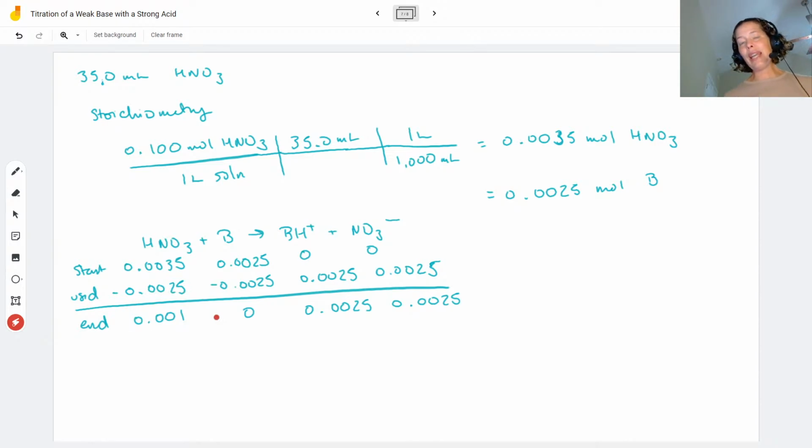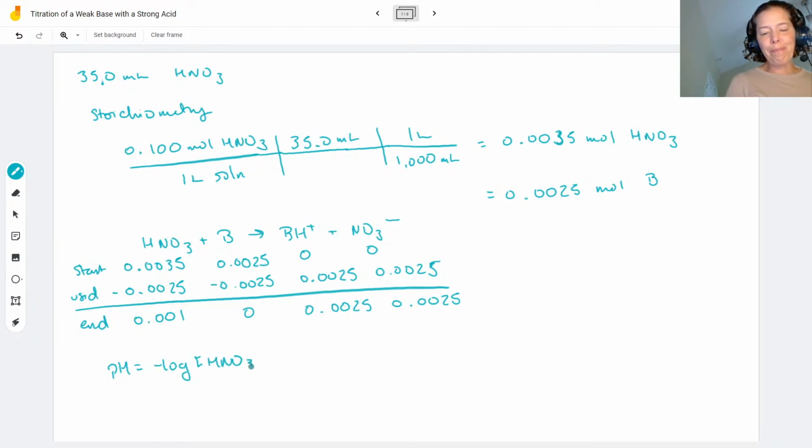So this makes pH really easy to calculate because, of course, if we've got a strong acid, our pH is just negative log concentration of our nitric acid, right? So this is the same thing as saying negative log of hydronium because our strong acid here is a monoprotic acid, which means the concentration of the acid is the concentration of hydronium.